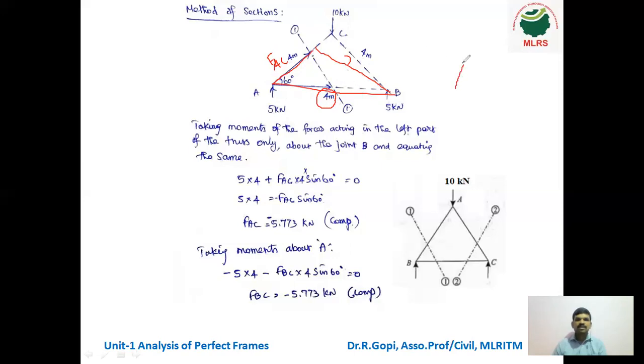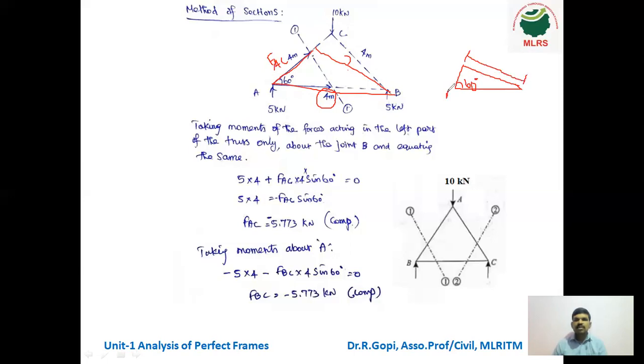I will draw separately for your better understanding. Once you understand this problem, all the problems are the same. This angle is 60 degree, and this is the perpendicular distance of the member AC.